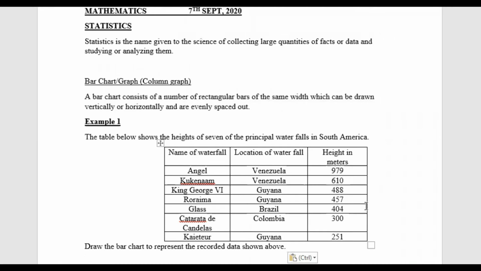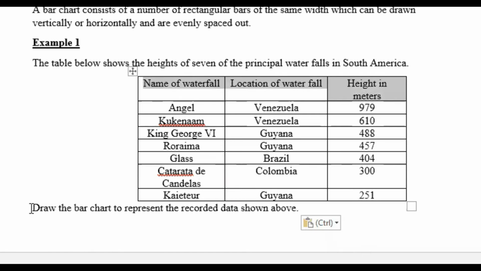All right, so we have an example here. This first example says the table shows the heights of 7 of the principal waterfalls in South America. Here they give you the name of the waterfall, the location of the waterfall, and the height in meters. They're asking you to draw a bar chart to represent this information.